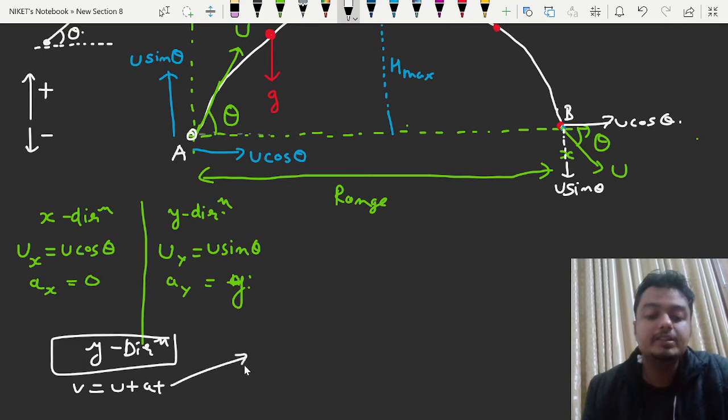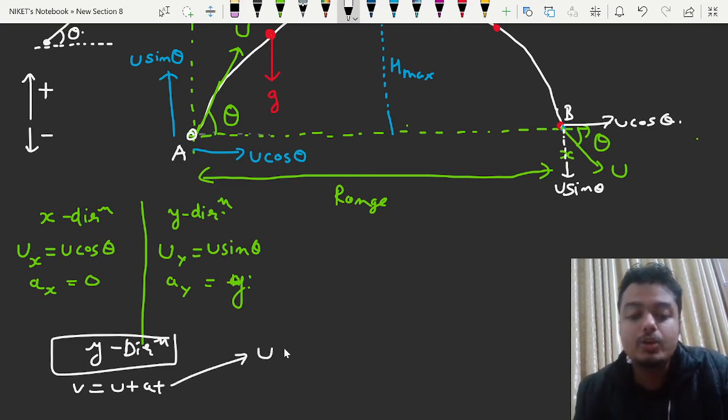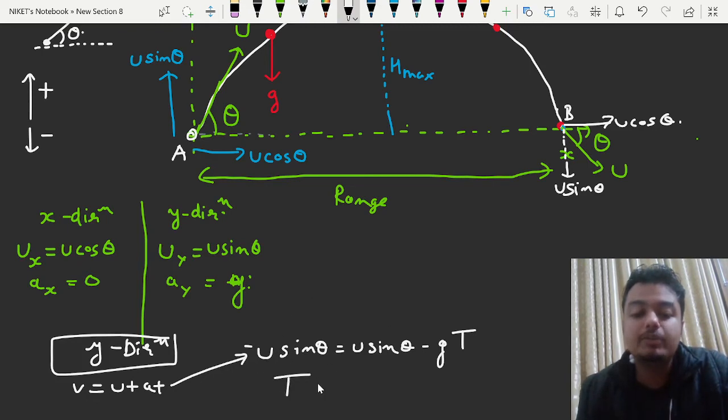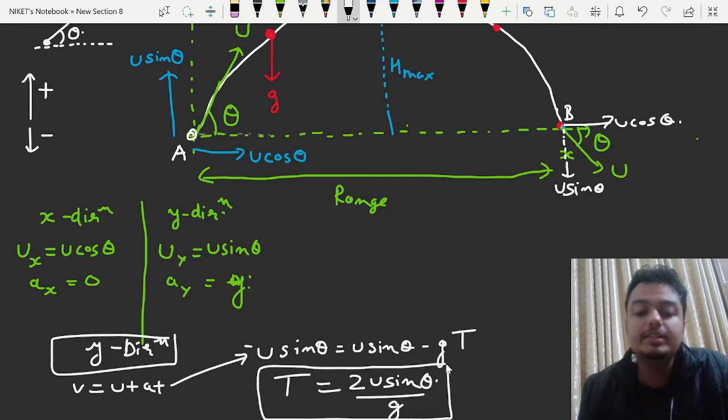Final velocity in downward direction will become minus u sin theta. Initial will be u sin theta. Gravity is towards downside, minus g into capital T. So taking u sin theta there, you get the time of flight, a very important formula of projectile motion. Total time of flight is 2u sin theta by g.